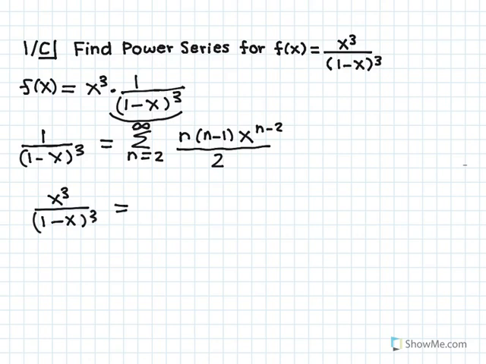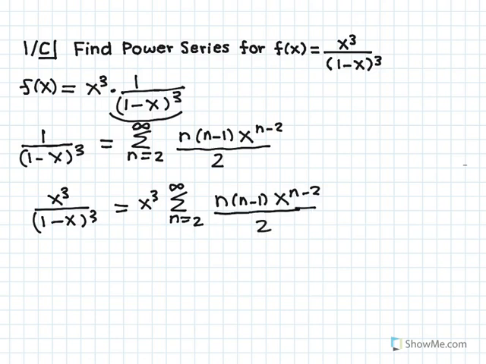This is equal to x cubed times summation n equals 2 to infinity, n times n minus 1, x to the power of n minus 2, divided by 2. Now, we can just bring this x cubed inside the summation, multiply it inside, and we're going to get n minus 2 plus 3, we're going to get n plus 1. X to the power of n plus 1. And the radius of convergence for this power series is 1. So this converges for all values of x between negative 1 and 1.